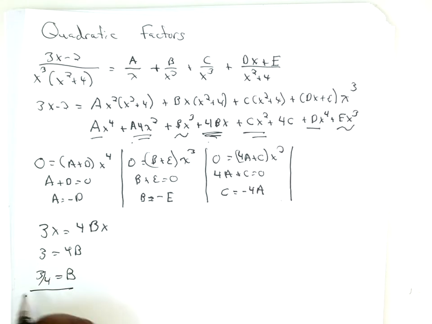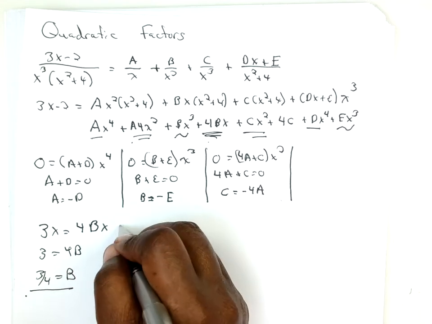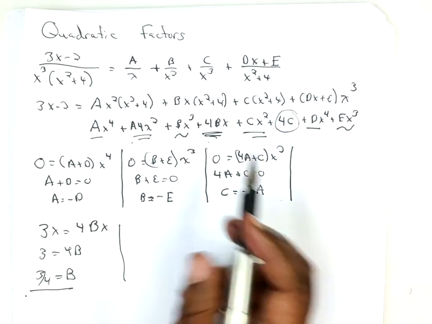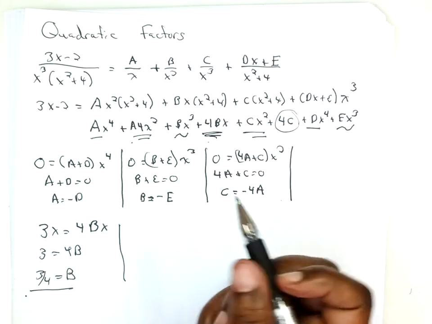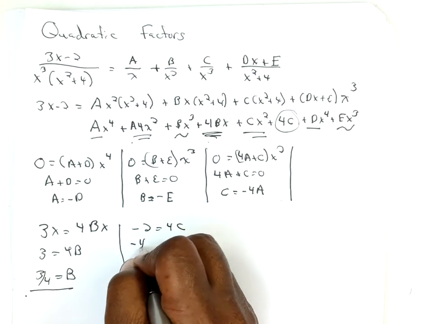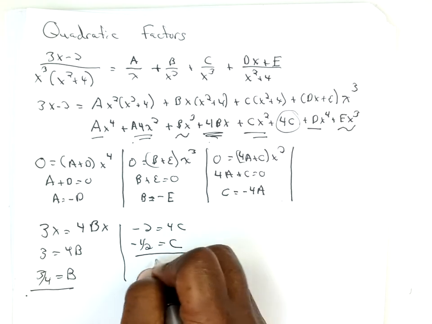So that's my first solution that I actually have. And then for the constants, I have 4c, and that has to be equal to negative 2. So negative 2 is equal to 4c, negative 1/2 is equal to c.